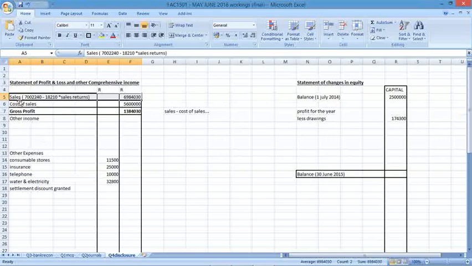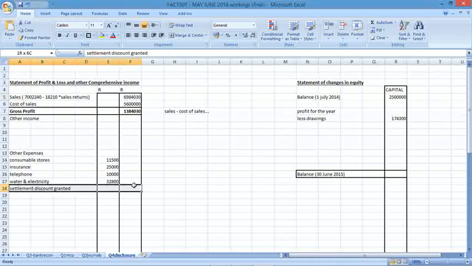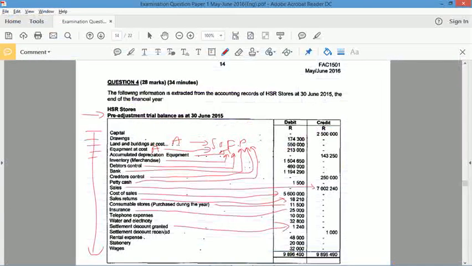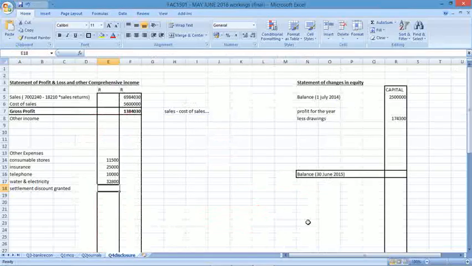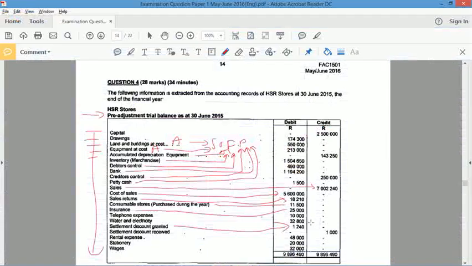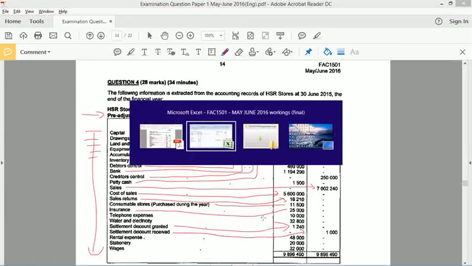The sales returns, I would disclose against the sales. The settlement discount granted, you could show against the sales as well, so you would subtract it from there. Or I would show it separately like I'm doing here. The net effect in terms of total will still be the same. 1240, 1240.